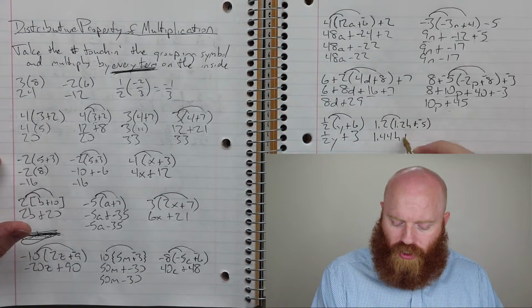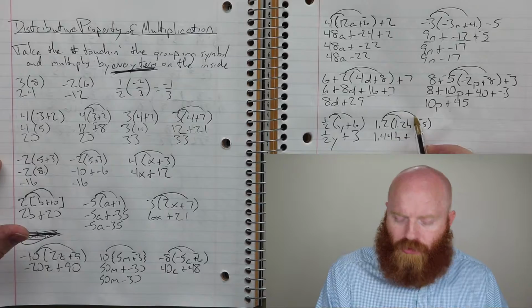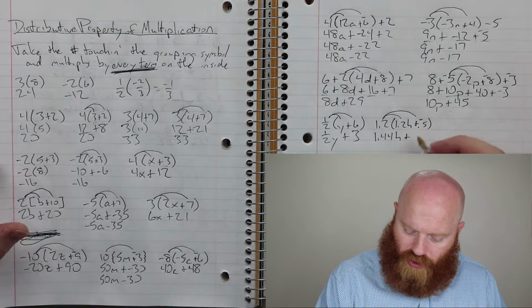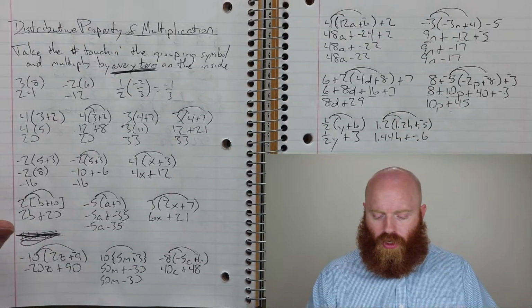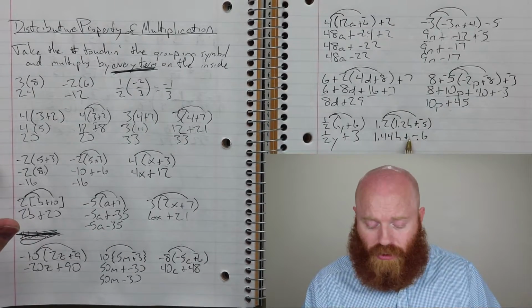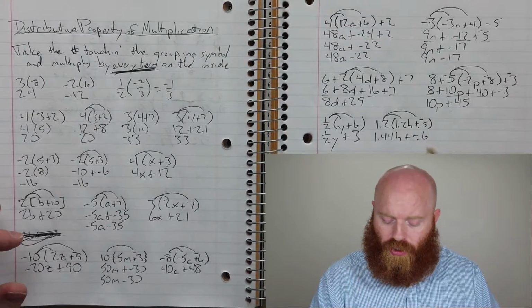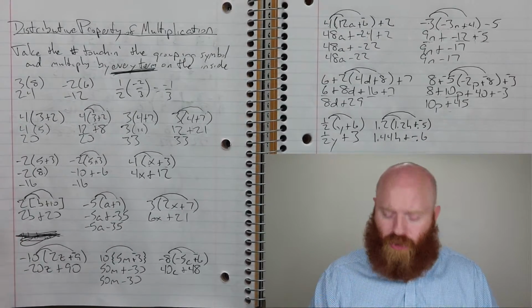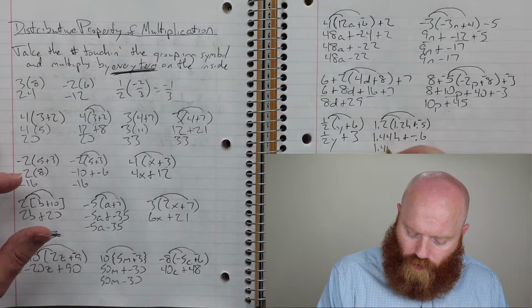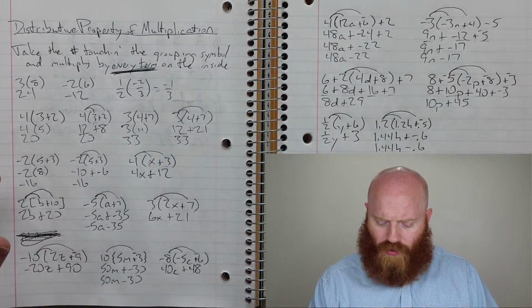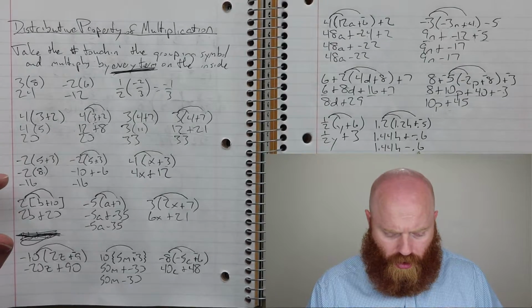Bring down a plus, always bring down a plus. 1.2 times negative 0.5, that's negative 0.6. Okay, I can't combine like terms. This is my answer, but it's not presented properly. If I'm going to put my answer, I want to change plus and negative back to subtract. So 1.44h minus 0.6. There's my answer.